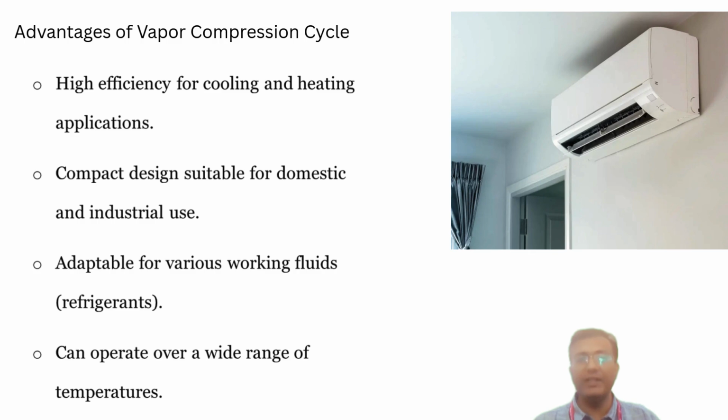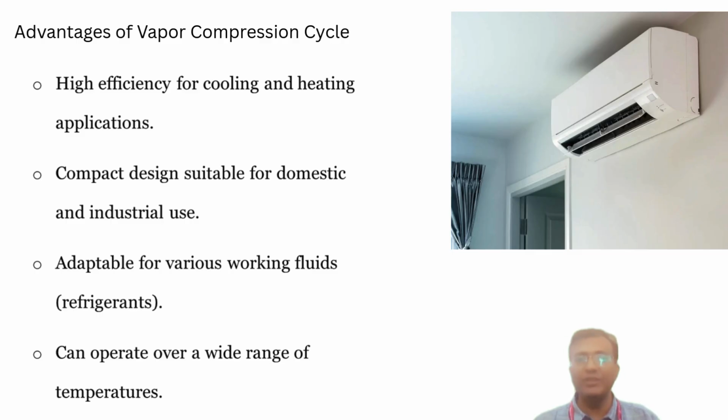A refrigerator fits neatly behind the appliance, while the industrial chiller scales up without losing efficiency. This versatility suits everything from a room refrigerator to the refrigeration systems of a massive data center. Third is its adaptability to different refrigerants.